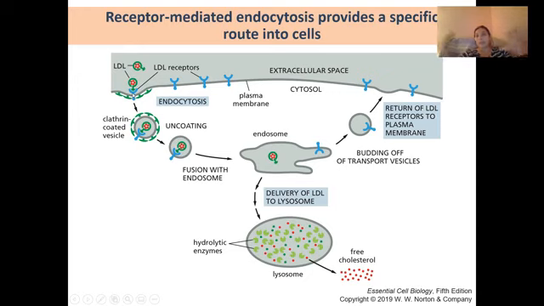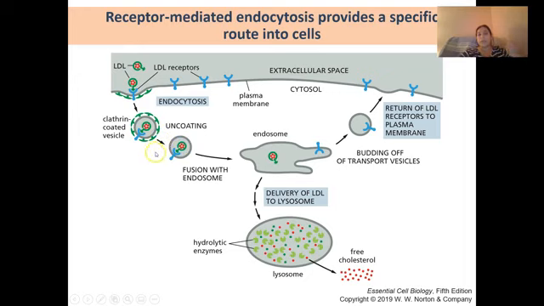And again, this is going to take help from clathrin-coated vesicles. So the clathrin will, again, just like before, bind around the receptor that is bound to the LDL molecule and create an endosome, a vesicle, which can then get internalized.